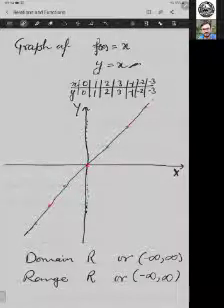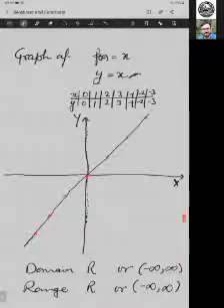So this thing we are able to understand. The domain and range for the above given graph will be real numbers, and real numbers are -infinity to infinity. This function is also known as the identity function.